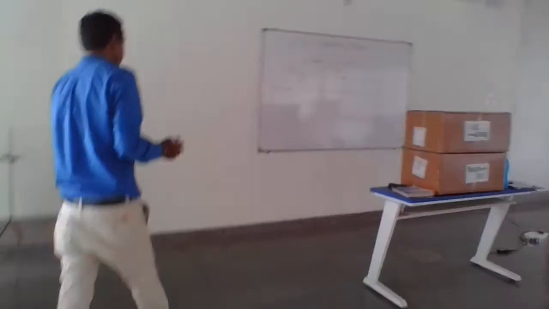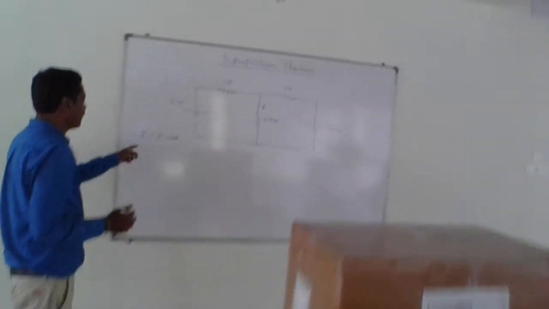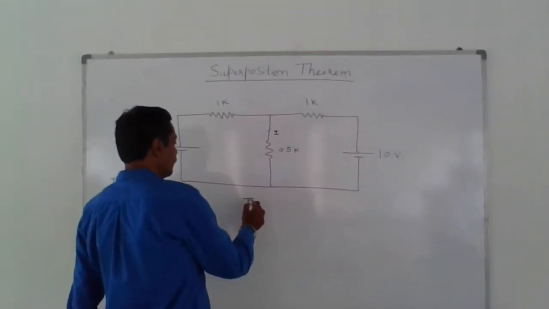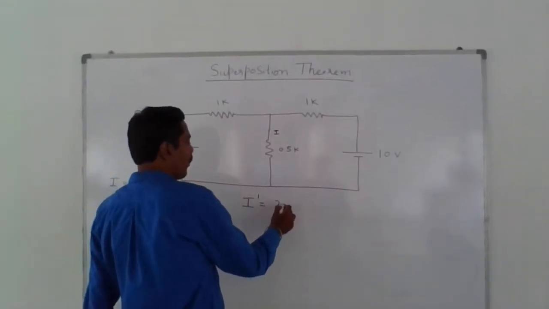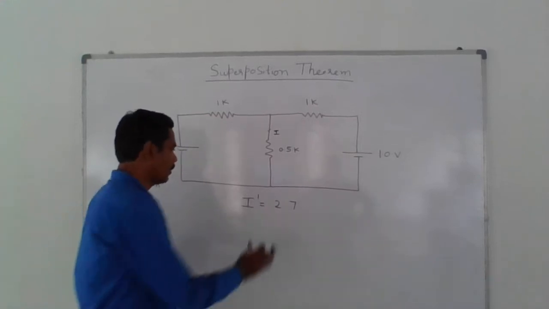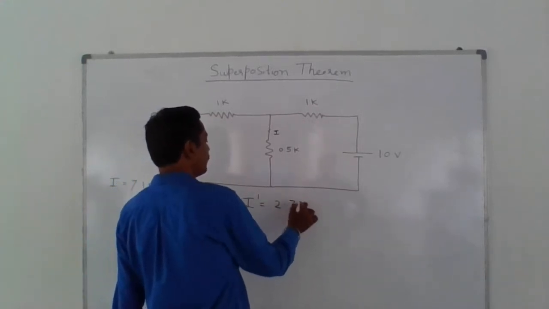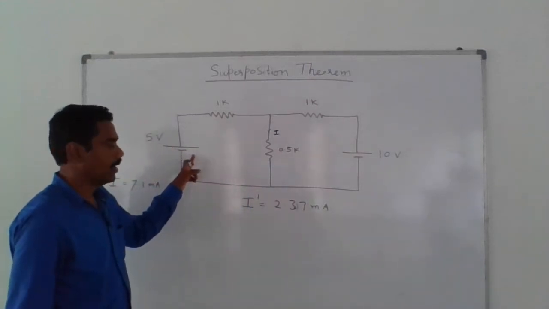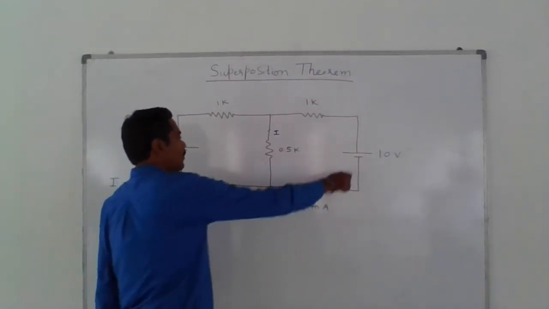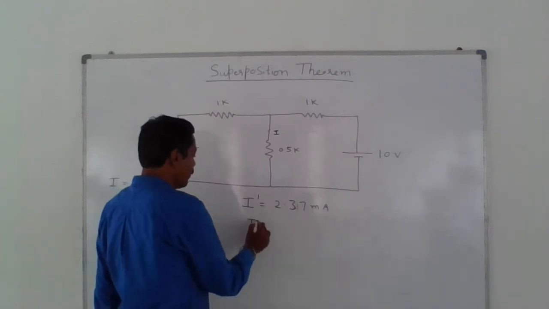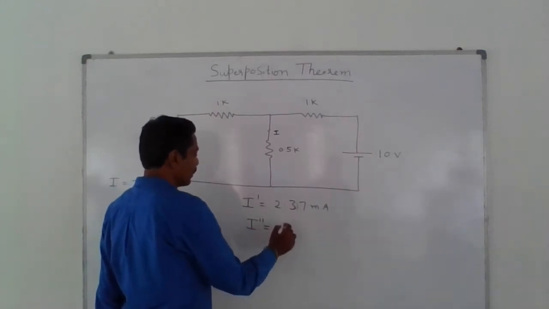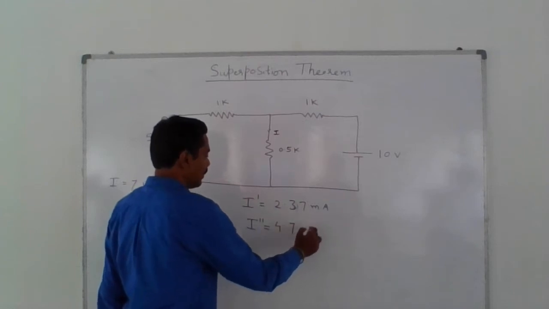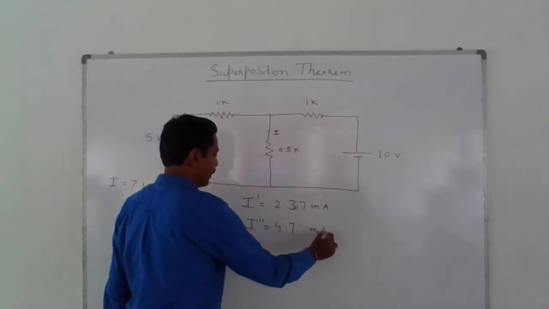Just come to the board and you can see in the first set our reading is I, and when only 5 volt is acting, the value of I dash is coming 2.37 milliamp. And in the second case, when 10 volt is acting and this is deactivated, the value of I double dash is coming 4.7 milliamp.